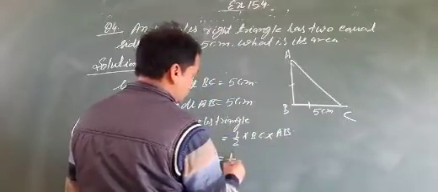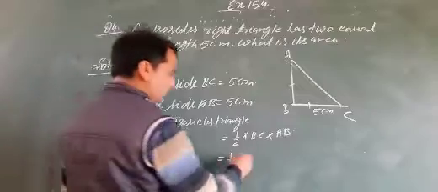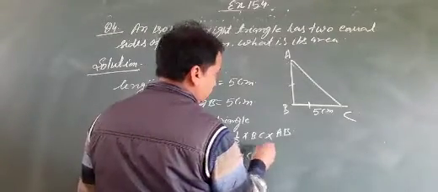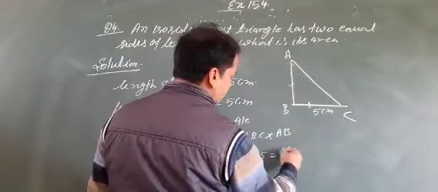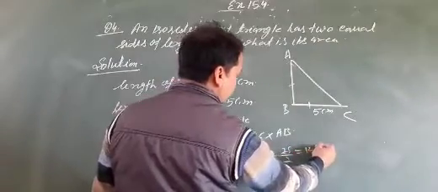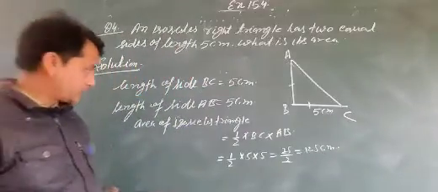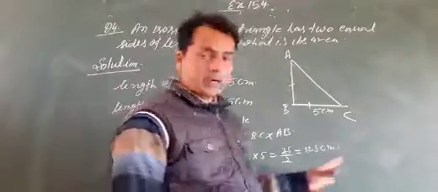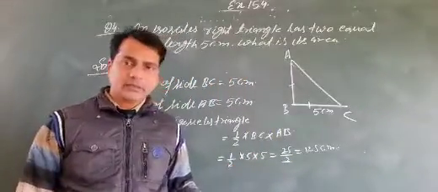Then 1 by 2, BC here 5 centimeter and AB is 5, then 25 by 2, that is 12.5 centimeter. So it is clear that the area of the isosceles right triangle is 12.5 centimeter.